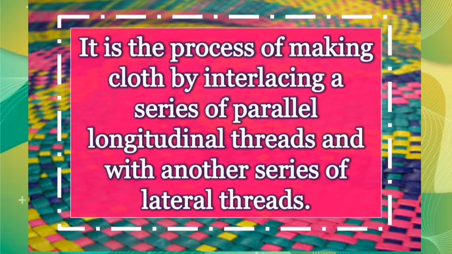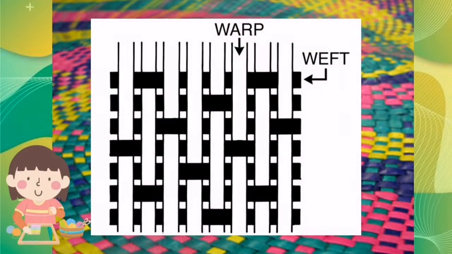It is the process of making cloth by interlacing a series of parallel longitudinal threads with another series of lateral threads. This has two parts, the weft, the horizontal part, and the warp, the vertical part.